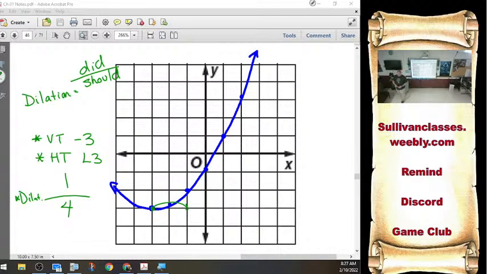Okay? What did it do over what should it have done? Same thing goes for another integer point right here. Well, this is over 1, 2, 3, 4. It should have gone up 16, but instead it went up 4. 4 over 16.